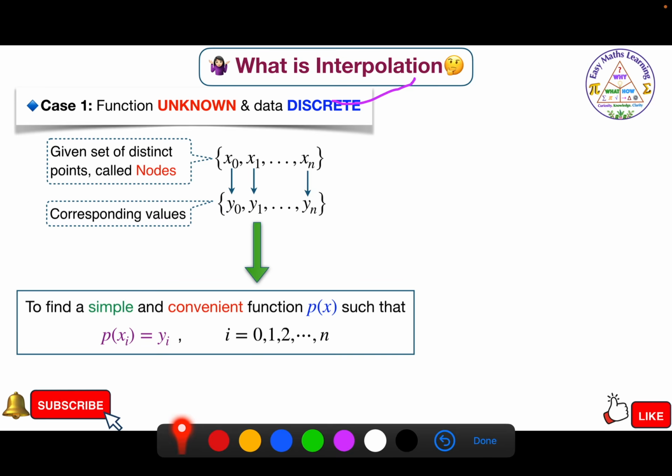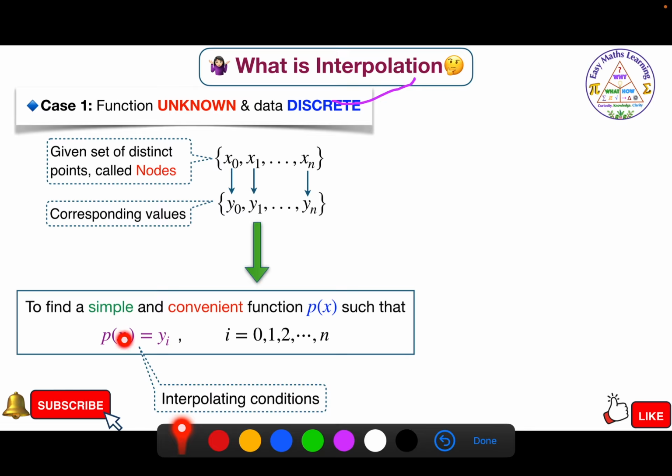Now our goal is to find a simple and convenient function p(x) such that p of xi equal to yi for i equal to 0, 1 to n. These conditions are called interpolating conditions. That means the function p(x) must pass exactly through all given data points.